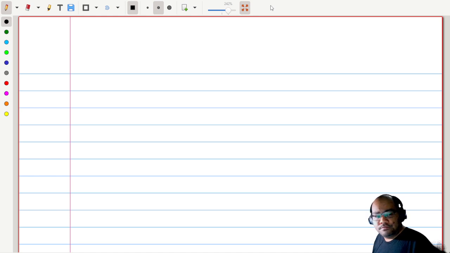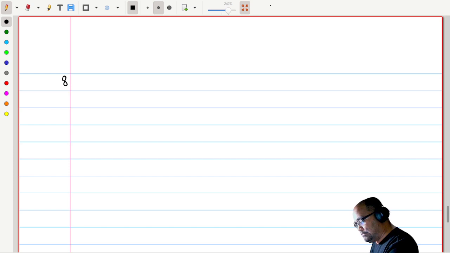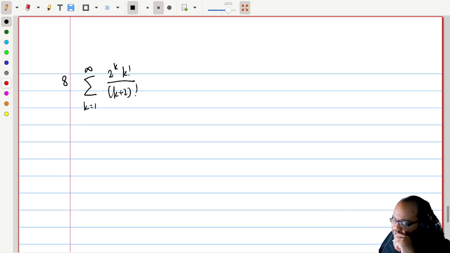All right, so I want to do 8 here. We have 2 to the k times k factorial over k plus 2 factorial. And I want to see if this converges or not.